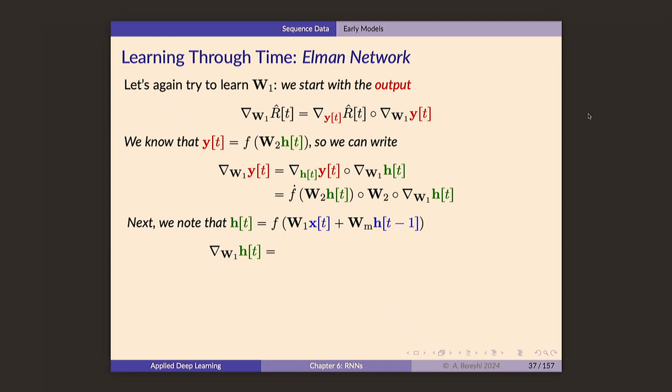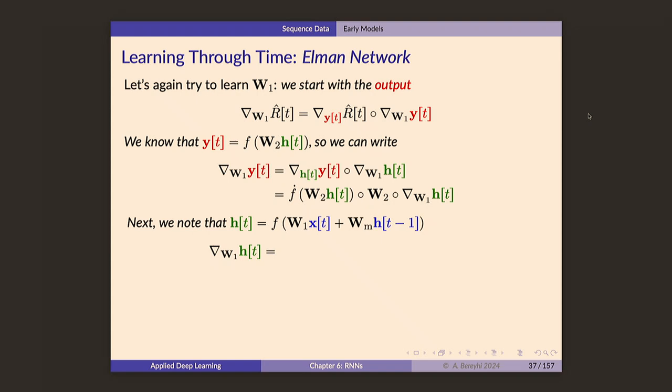But now, let's write down once again the chain rule together. So look at your hidden state at time t. Your hidden state at time t is W1 times xt plus Wm times ht minus 1, correct? Now, if I want to write the chain rule, this ht depends on what? It depends on W1 immediately, of course. This is one thing that I can write.